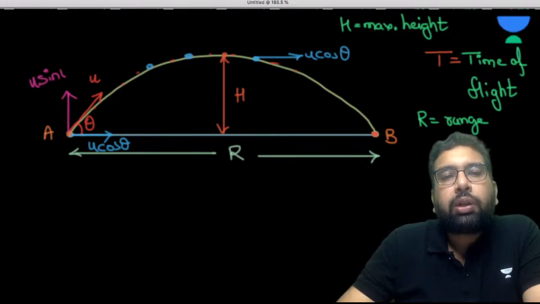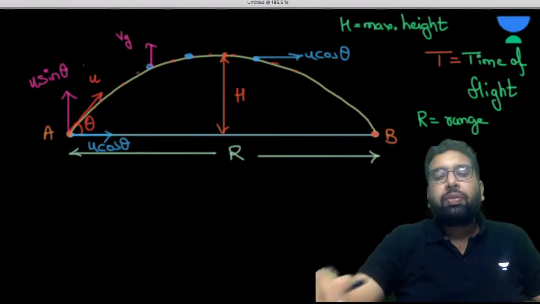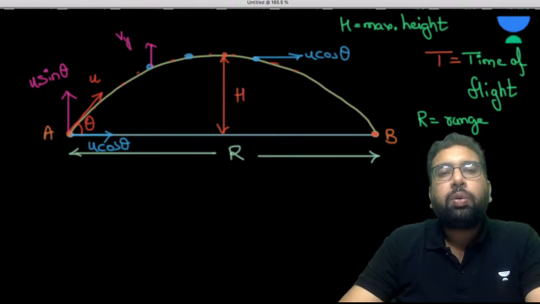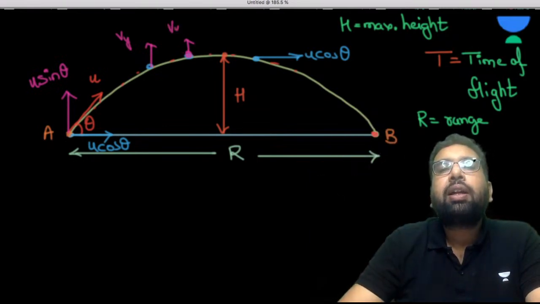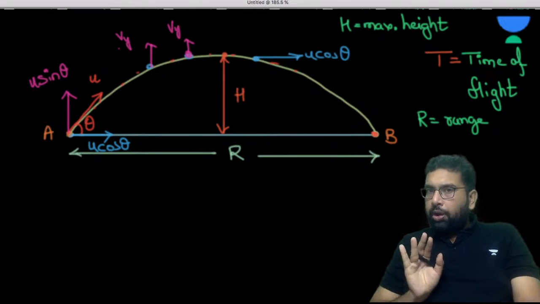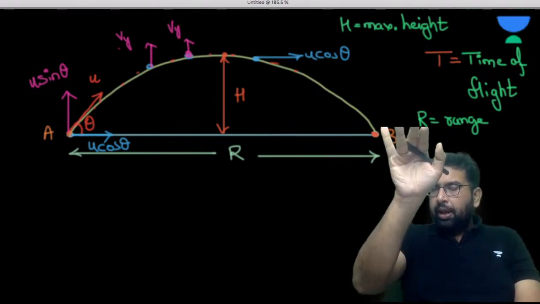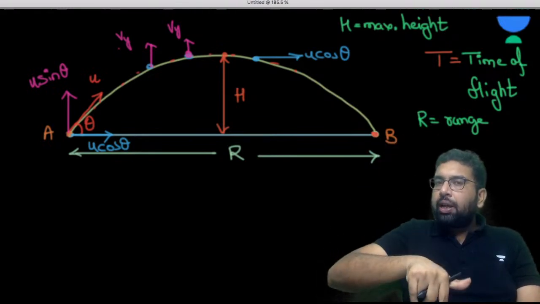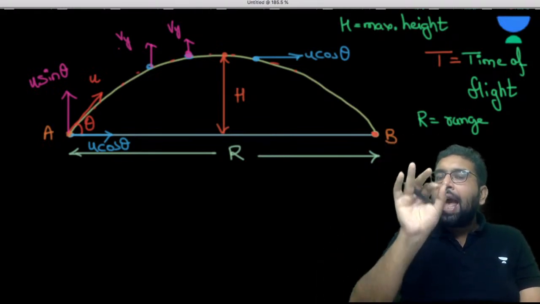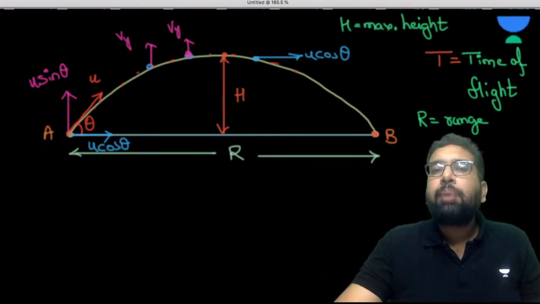With the motion, u cos theta remains constant, but this vertical velocity is going to reduce because acceleration is acting in the downward direction. With time, this velocity decreases, and at some point of time, it becomes 0.